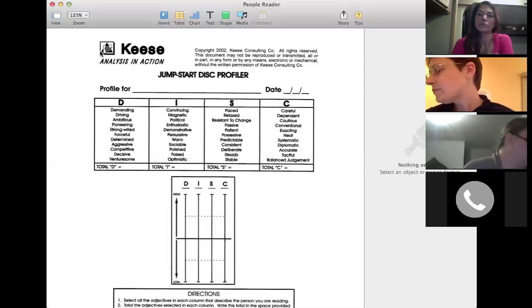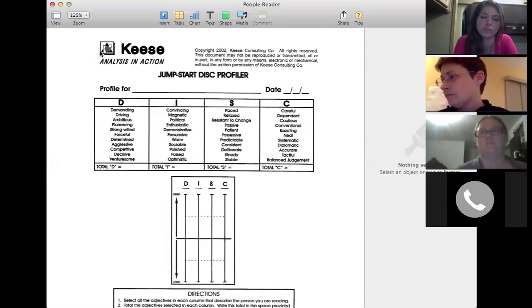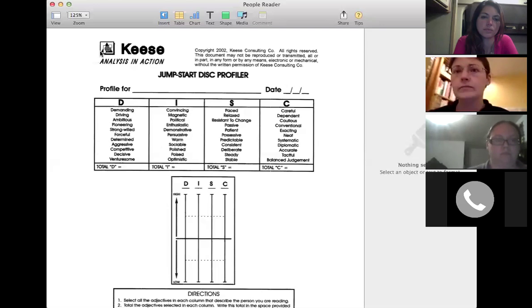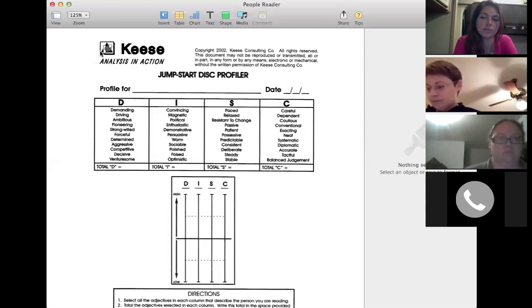Now, look at the plot on the D line, wherever you plotted that D, high, low, in between. The higher your D, the more bottom line oriented, results oriented you're going to be. Everything is about getting it done.